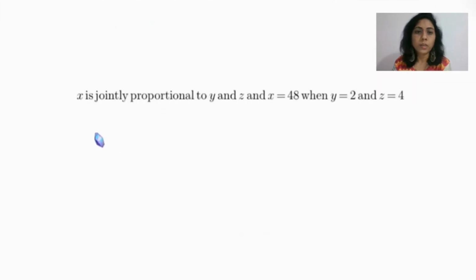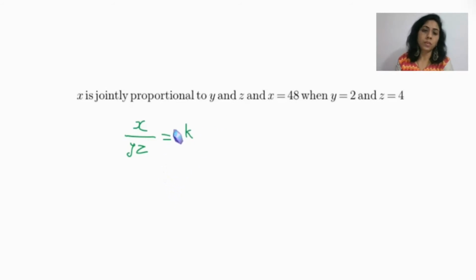Now the third question. X is jointly proportional to Y and Z. Jointly means y multiply z, and proportional means divide. So x divided by y z equals k. This is our formula, and we can put in the values of x, y, and z.